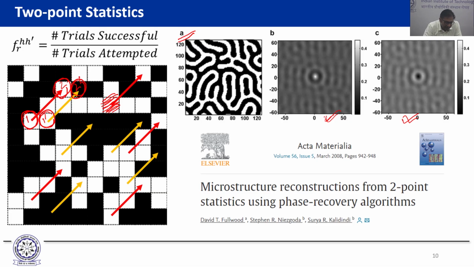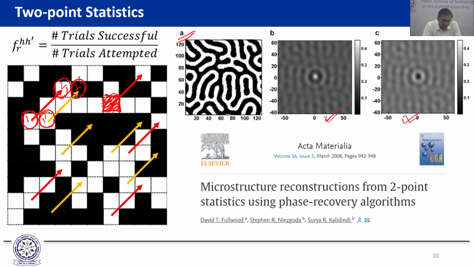So at the microstructural level, if you take a scanning electron microscope image, an optical microscope image or a TEM image, that image is going to be divided into a bunch of smaller and smaller cells. With each of these cells or pixels, I have a wealth of information in terms of the correlations that I get from the 2-point statistics.